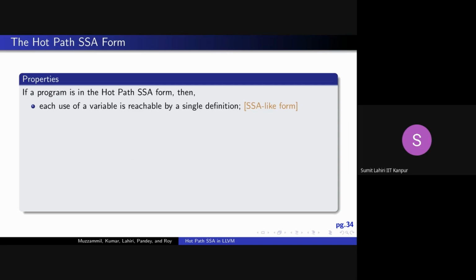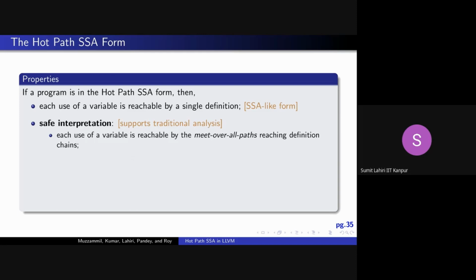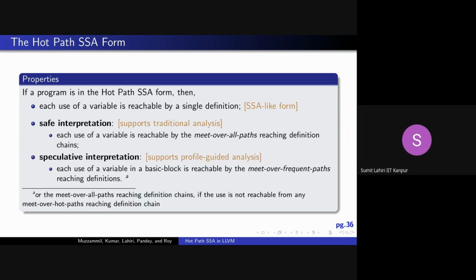This is the same as the constraint that comes from SSA form. The first argument is the safe interpretation, which is the meet over all paths reaching definition. Along with that, we have the speculative interpretation, which is the meet over frequent paths reaching definition. This is what supports the profile guided analysis.